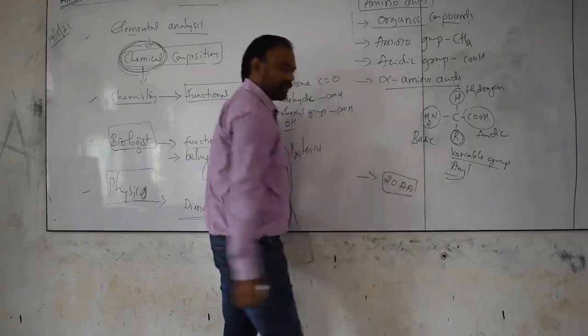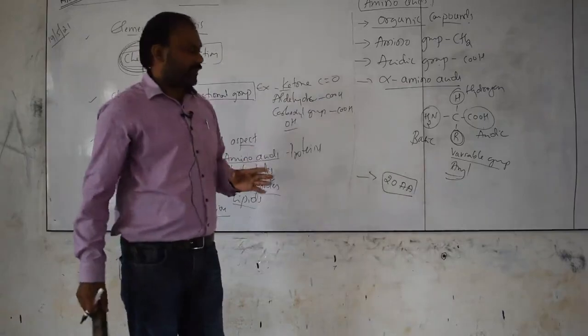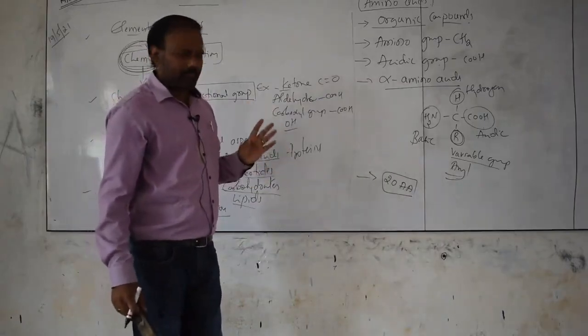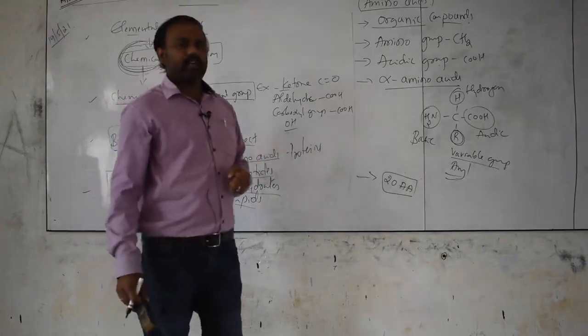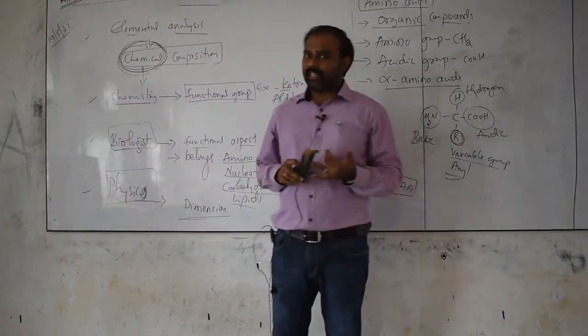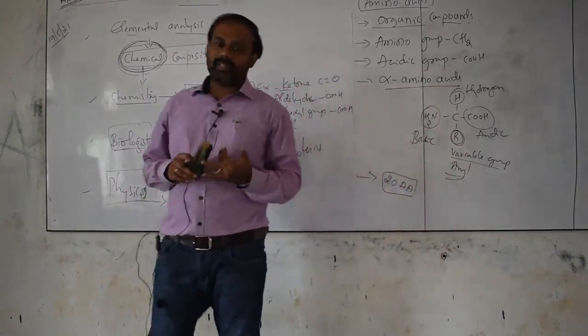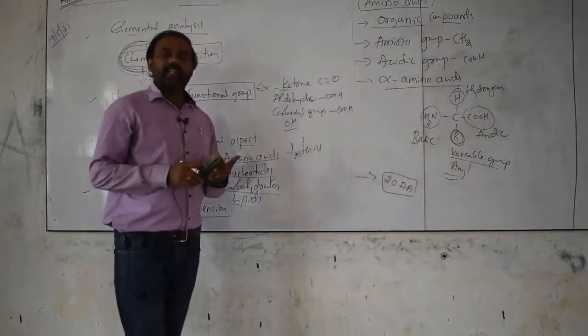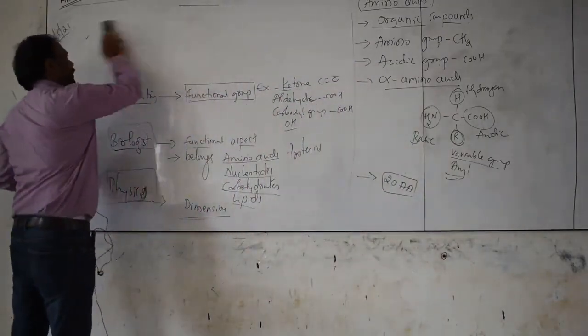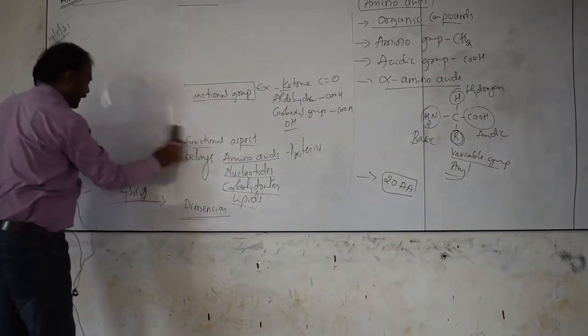Do remember, till now, scientists have discovered 20 different amino acids. Clear? Some examples I can give you are alanine, arginine, aspartic acid, glutamic acid, glutamate, tryptophan, valine, serine, and glycine. There are various different types of amino acids in nature.